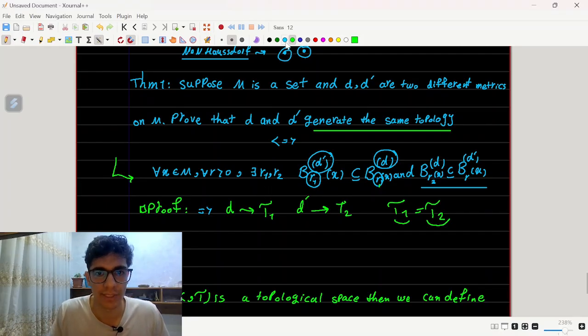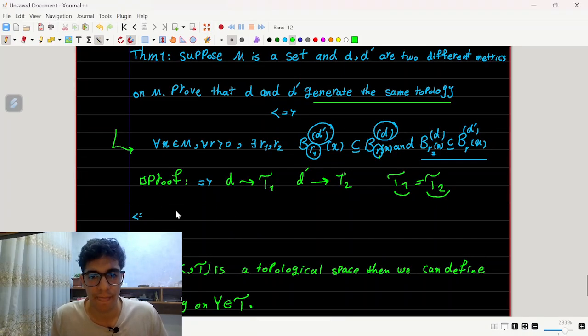Now let's do the other way. For the other way, we have to prove that T1 is equal to T2.